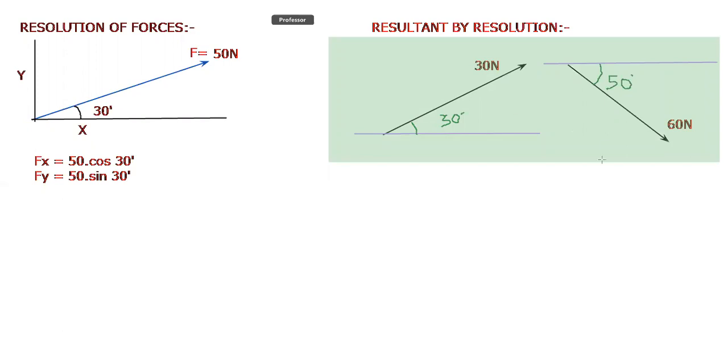Okay. And if you want to find the resultant of these two forces, then how can you find it? You can only find it by using the resolution. Now, how can you resolve this? This one is the F1. And this one is the F2.